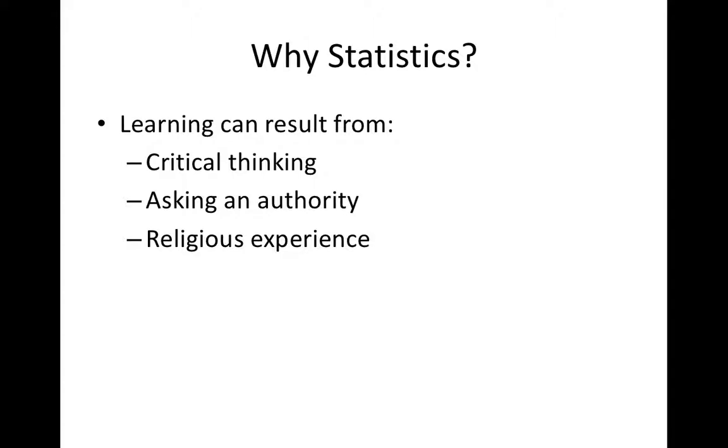So, when we have something we don't know, when we want to learn something about the world, we can approach that problem in a variety of ways. We can learn things by critically thinking about them, by asking an authority, by having a religious experience. I mean, there are some would argue that these are ways in which we learn about our world.